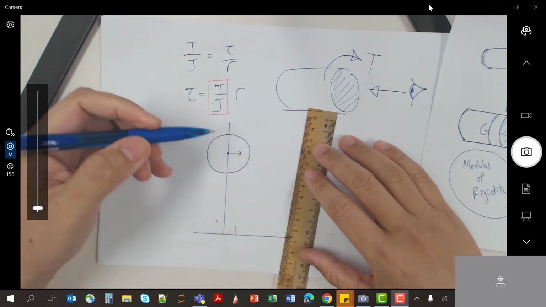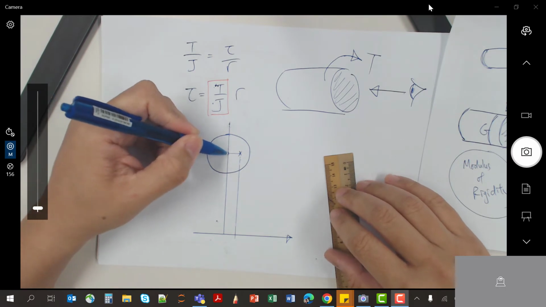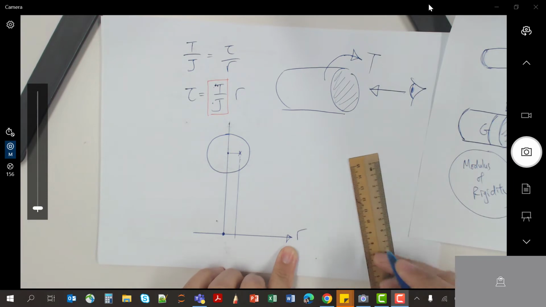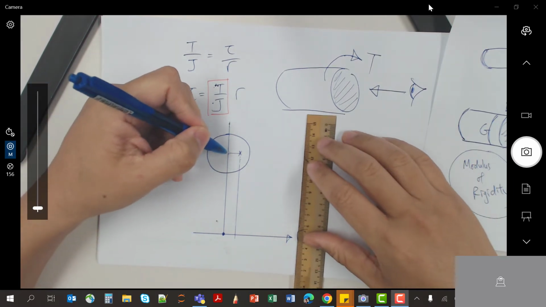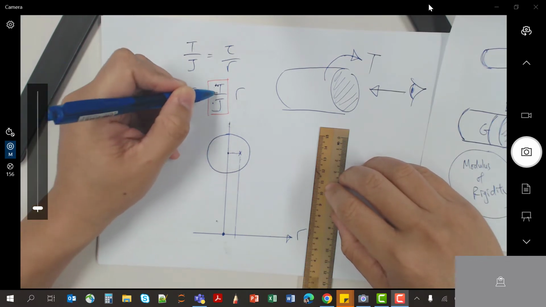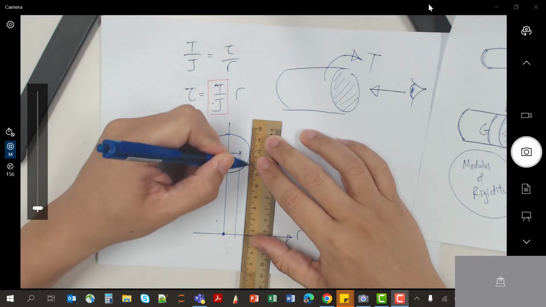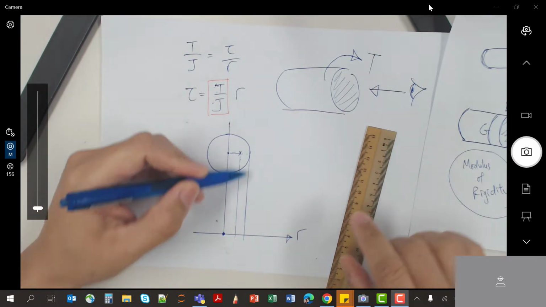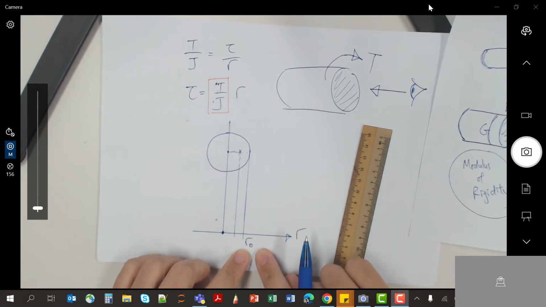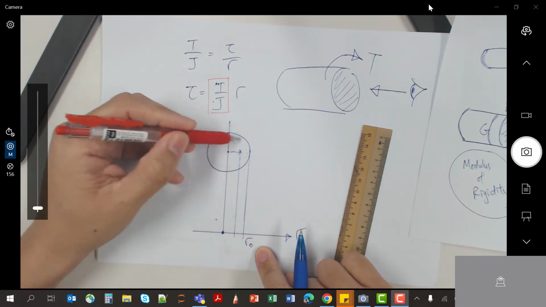When I'm interested in the center of the circle, then the radius location is here. So this axis is R. I want to know the different shear at the different locations until we reach the edge of the shaft. Let's call this R naught, the maximum radius of the circle.